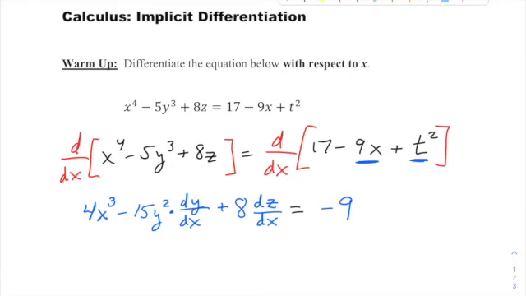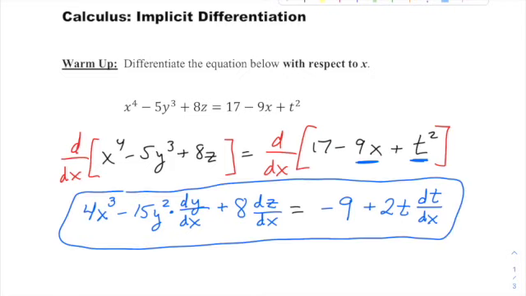But the derivative of t squared, that's a different variable other than x, so that's 2t, and then times dt dx, the derivative of t with respect to x. And that's it for the warm-up. Just that idea of watching out for variables matching or not matching that which you are differentiating with respect to.